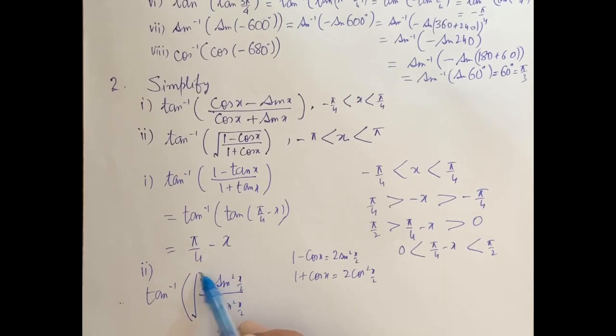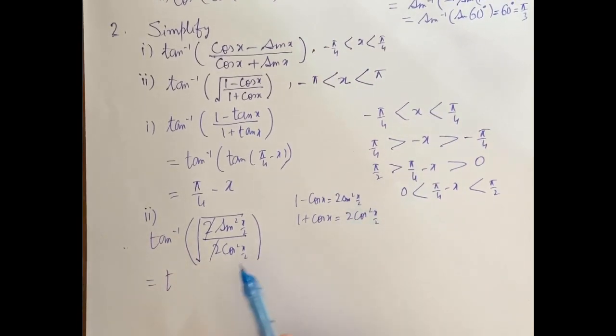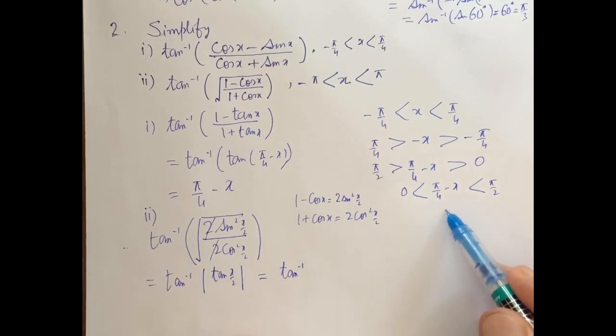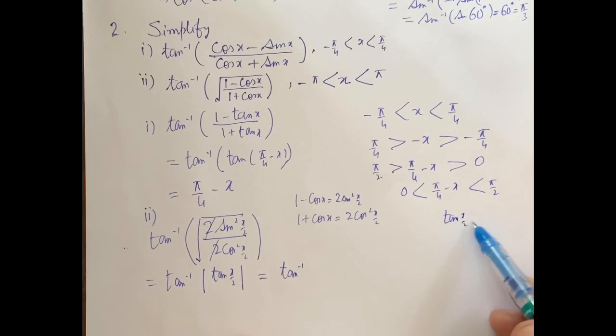The 2 will cancel out, so this is equal to tan inverse of, you can say, mod of tan x by 2, and this is equal to tan inverse of, now what is mod of tan x by 2?